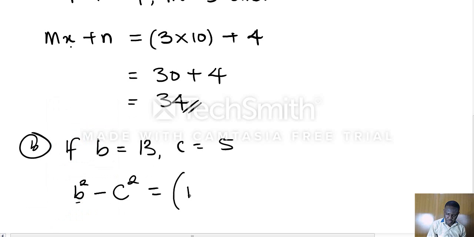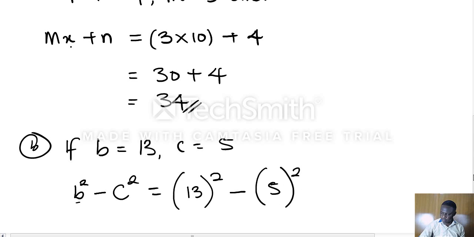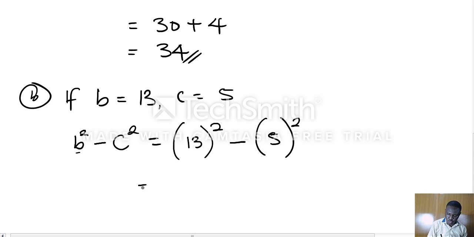That is, this is going to be 13 squared minus 5 squared. And this is a difference of 2 squares, but 13 squared from your square tables is going to give you 169, minus 5 squared is equal to 25.